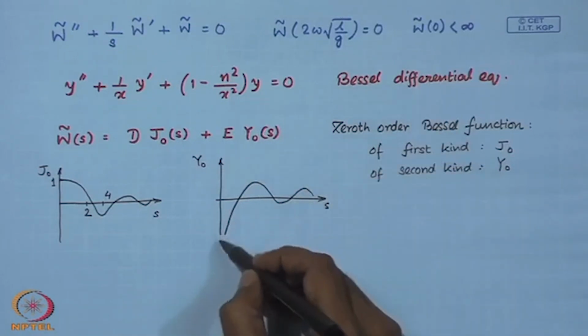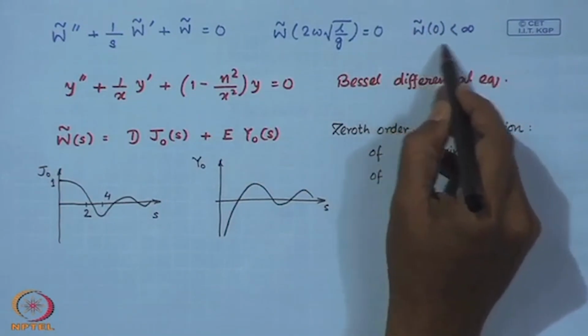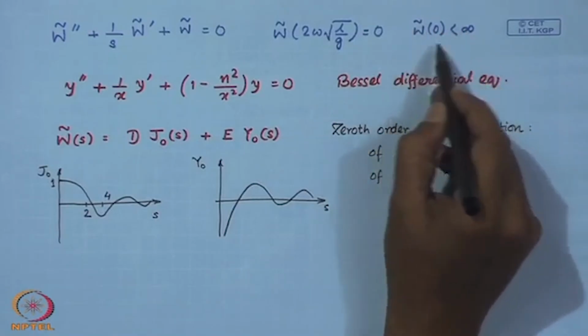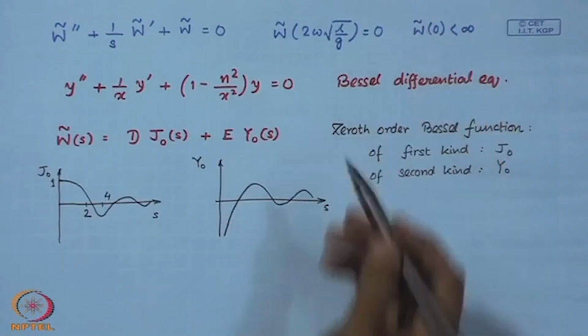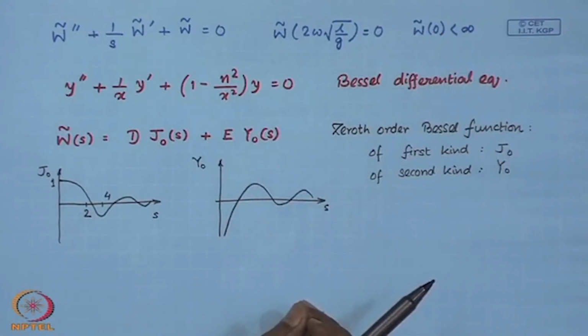So, this will violate this boundary condition, which is the boundary condition at the free end.